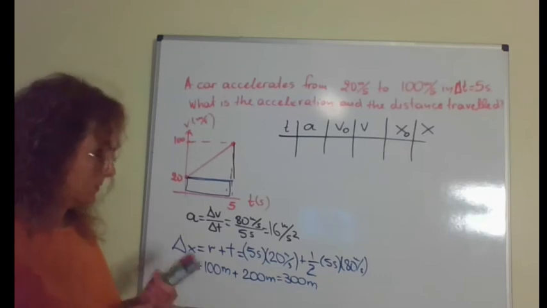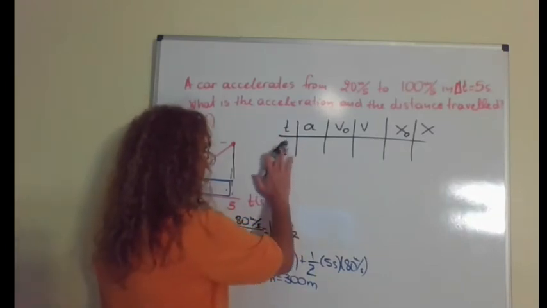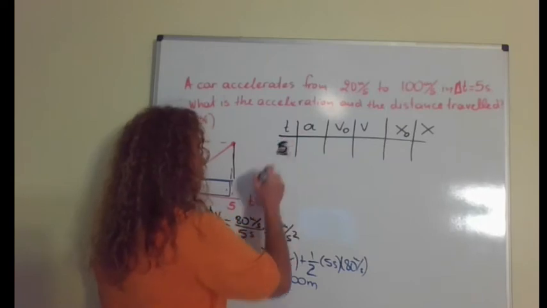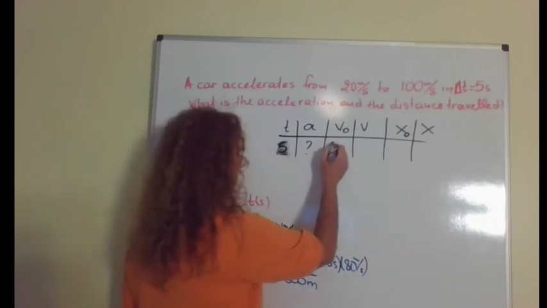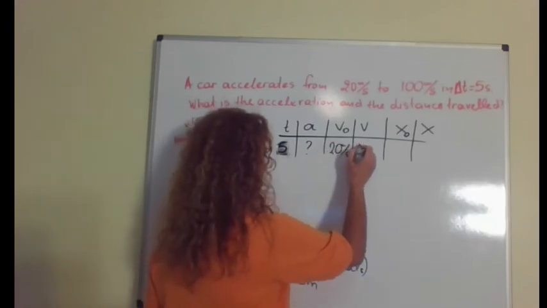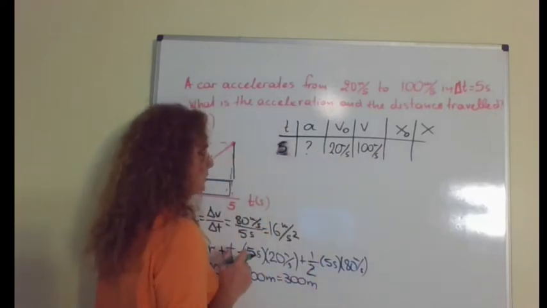So, what do I know? I do know time, it's 5. Do I know acceleration? No. Do I know my initial velocity? 20 meters per second. My final, 100 meters per second. Do I know my initial position?